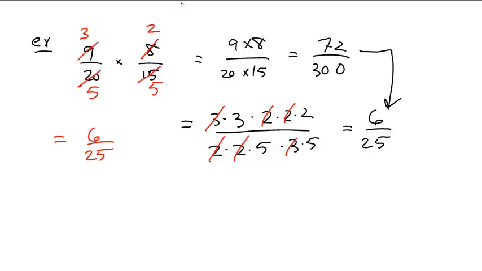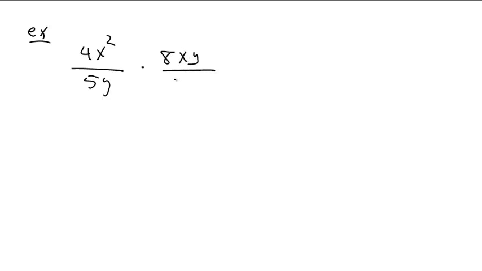All the same thing. It works just as well with variables. Let's say you have something like 4x squared over 5y times 8xy over 7c. Well, again, don't combine things if you can cancel some things out.